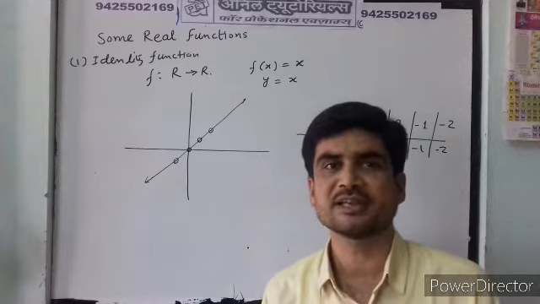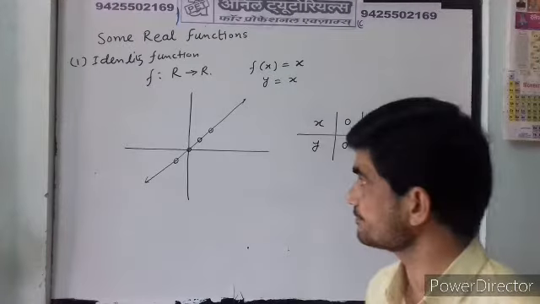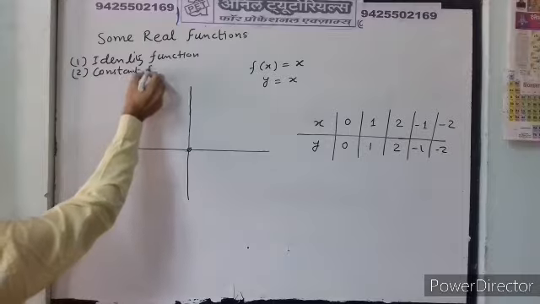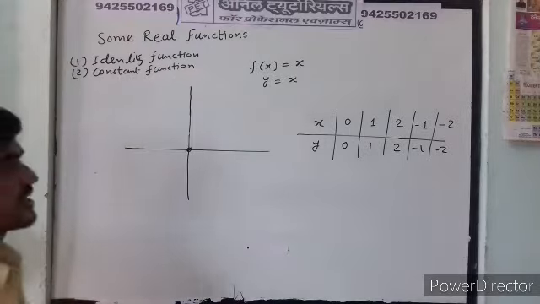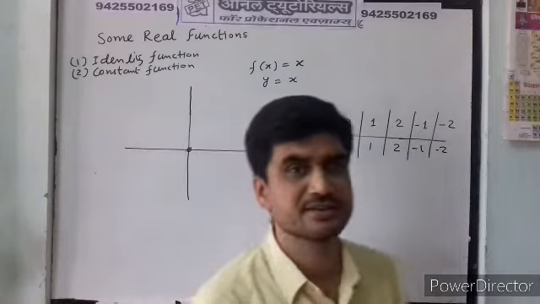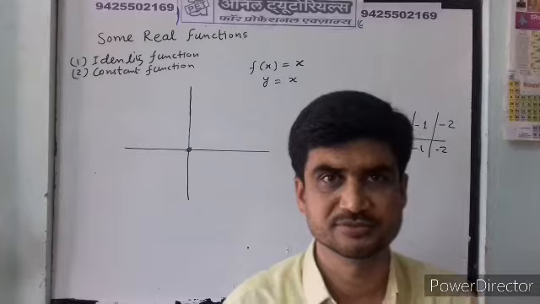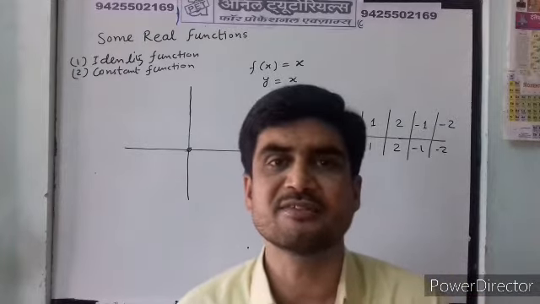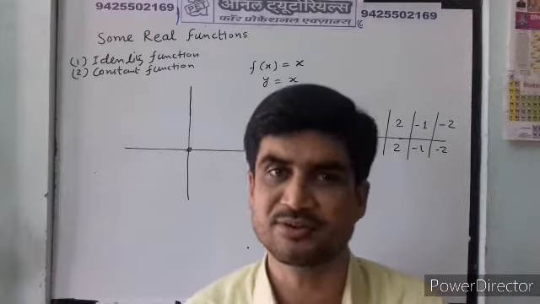Now I am taking one more function, that is called the constant function. Second one, the constant function. Say a function is defined, y is equal to some constant value. Means whatever values of x you put, you won't get any change in the value of y.